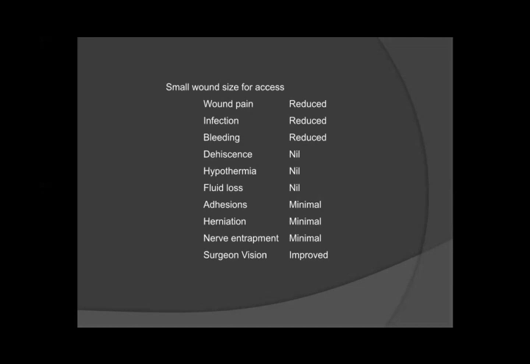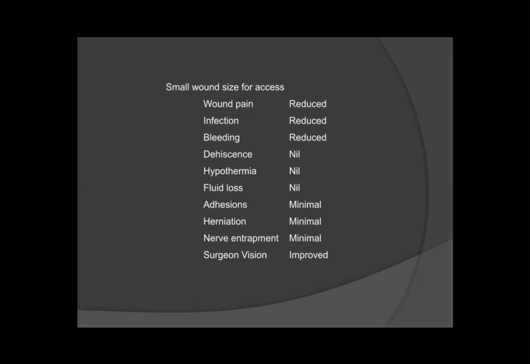There are small incisions, right? Small incisions mean that they're recovering quicker without need for more fibroblasts, and adhesion chances are also automatically decreased. Herniation chances are also minimal because the port sizes are so small.